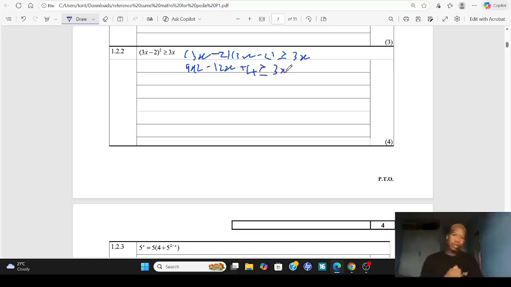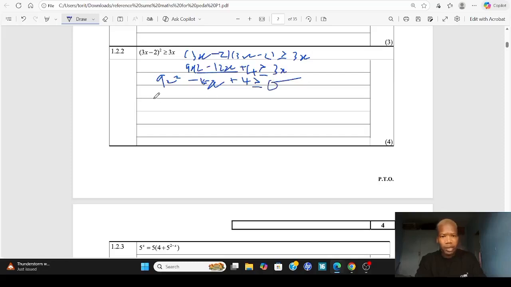Now we transpose, so we say 9x squared, minus 12x plus negative 3x, so it's going to be negative 15x, plus 4 is greater than or equal to 0.